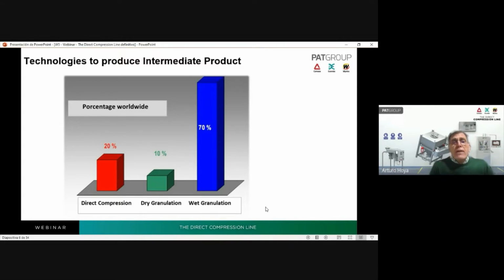Of course, all of us want to produce by direct compression because of all the advantages that this methodology has, but it is not always possible to obtain the intermediate product with good attributes this way. This is an actual survey.